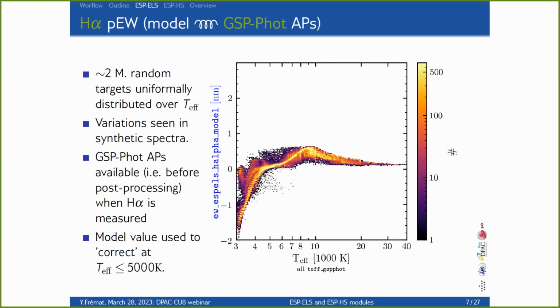It tends to 0 beyond 5,000 K, but directly, as for the value we obtained on the observed spectrum, we start to have very negative values. And this value also starts to depend on the surface gravity.